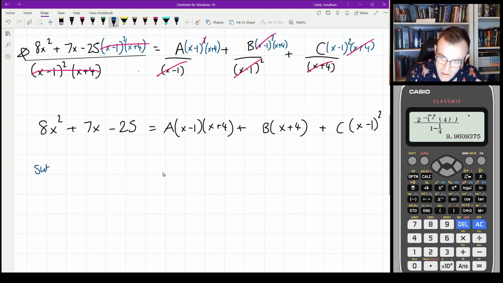So let's sub in x is, let's go for x is 1 first. The reason why I've chosen this, if I sub it in to these brackets here, this bracket's going to work out as 0, so is this. So I can see already that this statement's only going to involve b once I sub in this number.